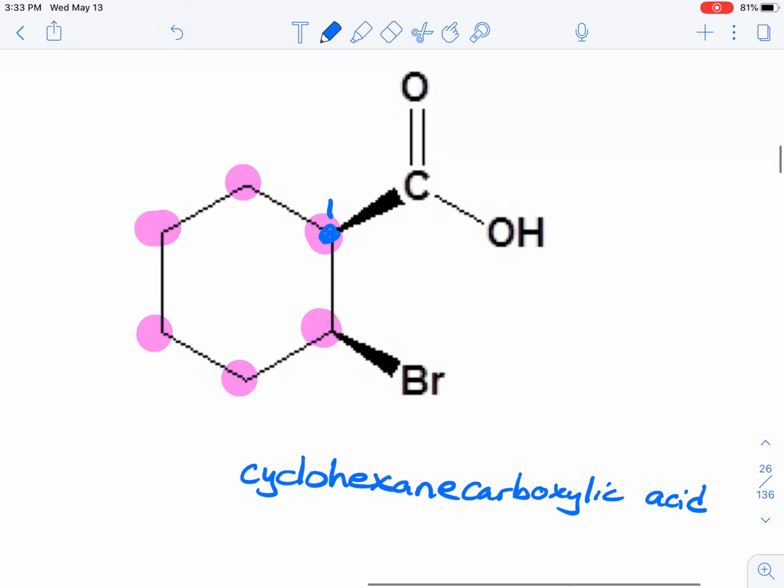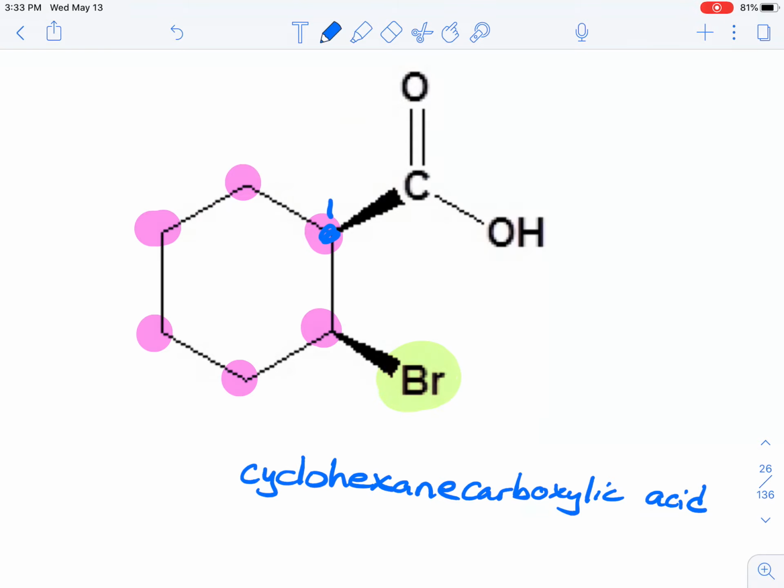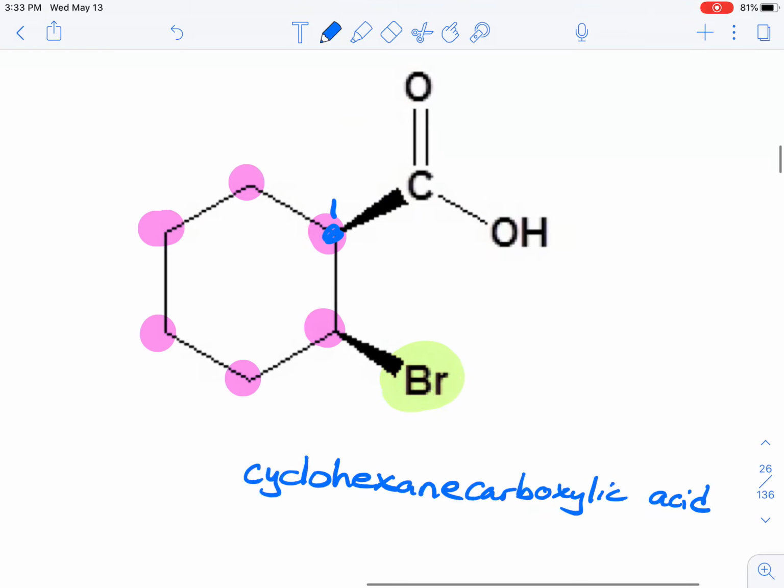Now, we do have a substituent here in this example, and it's going to be a bromine. And so we're going to say bromo in place of bromine since it's a substituent onto the parent ring. Now we have to figure out the numbering system for this specific cyclic compound.